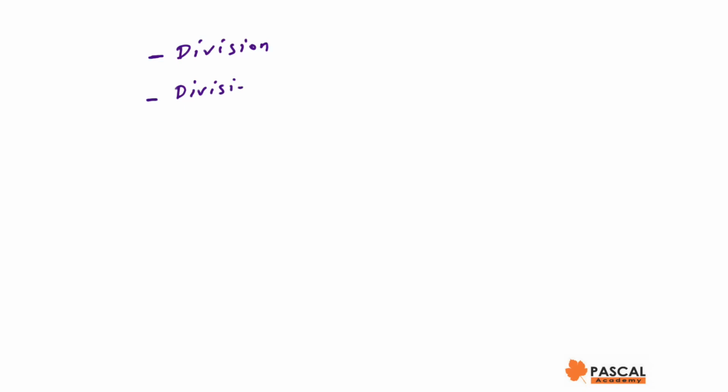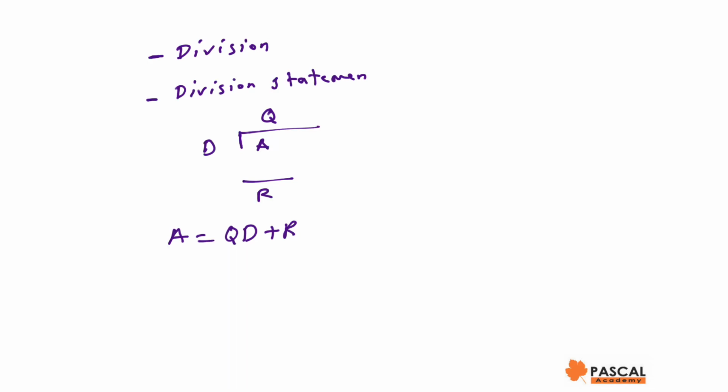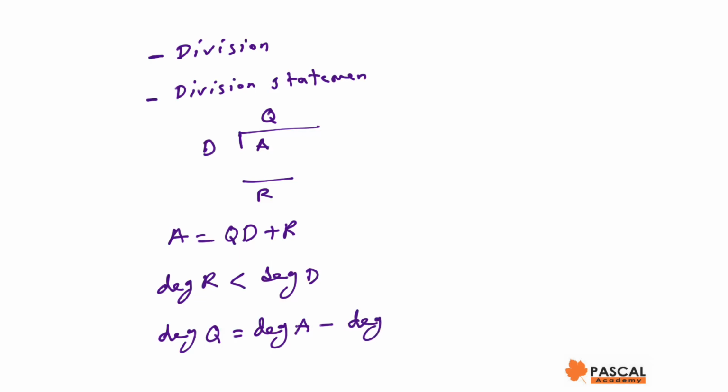The division statement says if you divide A by D and get Q as quotient and R as remainder, A is Q times D plus R. The degree of R is always less than the degree of D, the divisor. The degree of Q is the degree of A minus the degree of D.